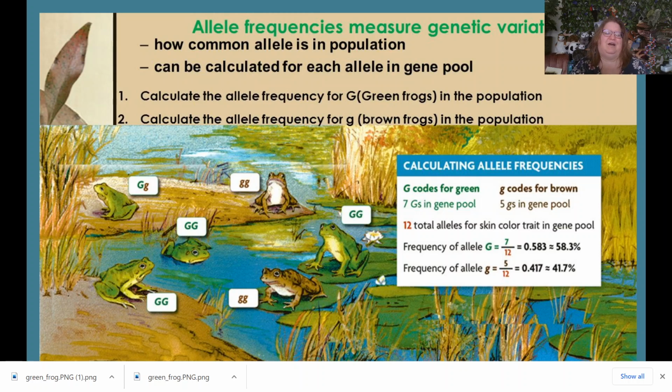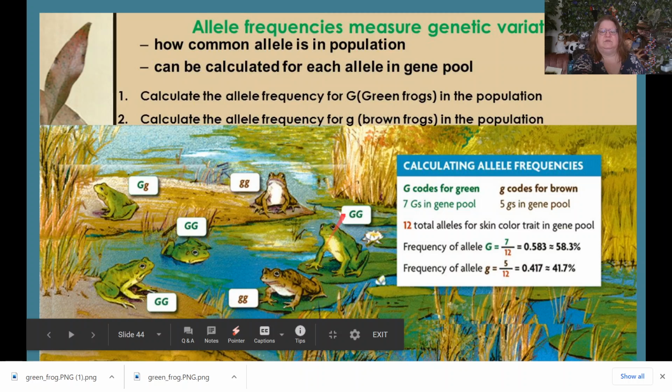So here's another example. This one's a little bit not as clean. It's not out of 10. There are 12 total alleles for skin color traits in this gene pool. And so you can see how they figured it out. There are 6 frogs. That's how they got 12. And so they counted up the number of green: 1, 2, 3, 4, 5, 6, 7.